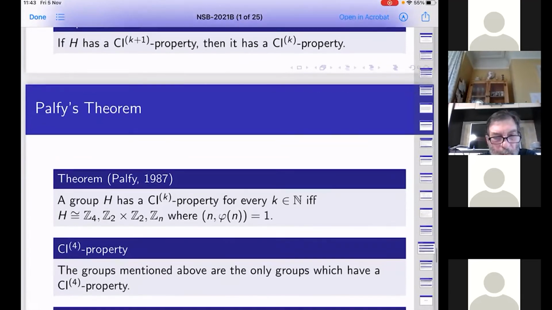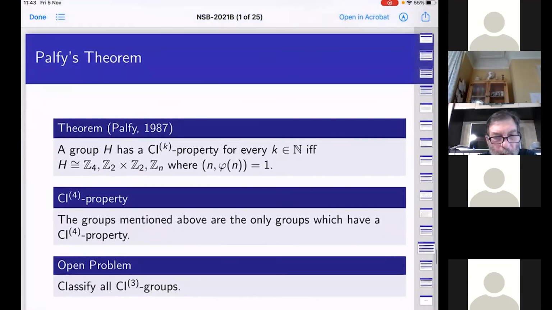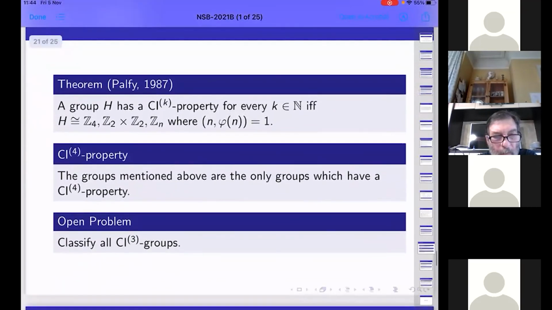So actually, the CI property is open for ternary relational structures and binary relational structures.